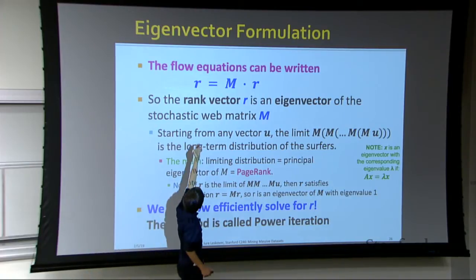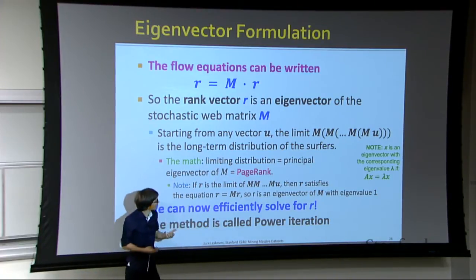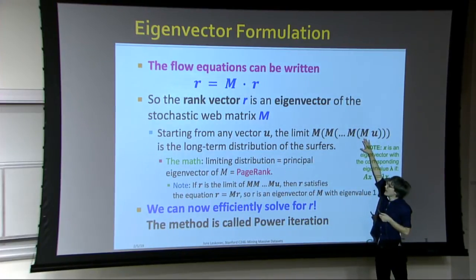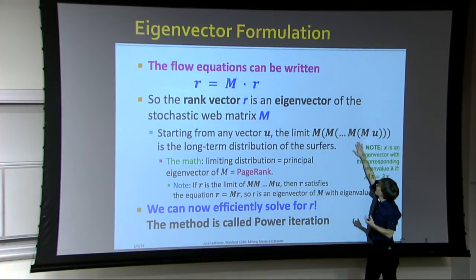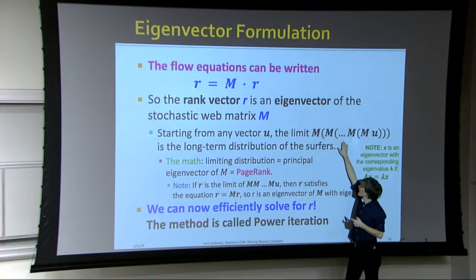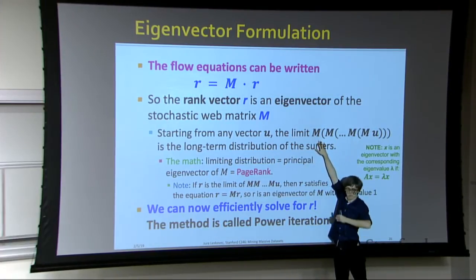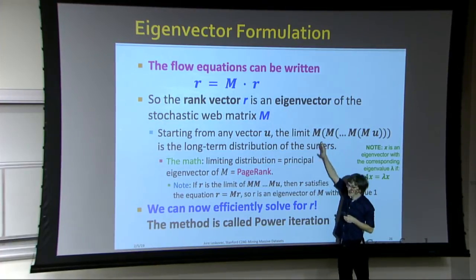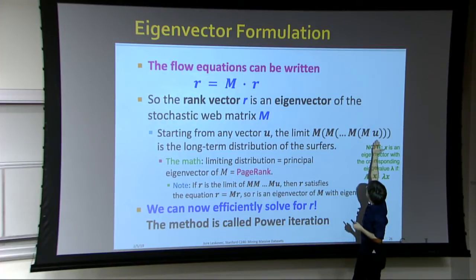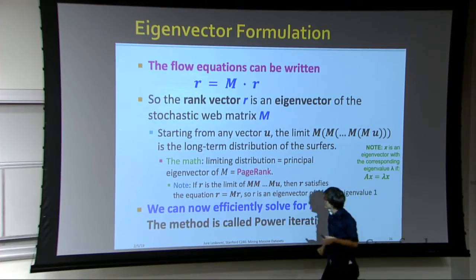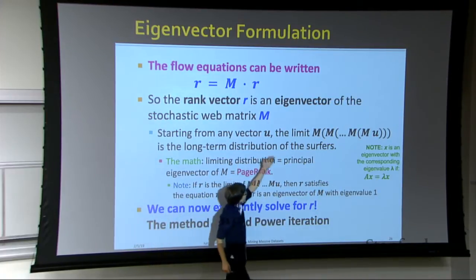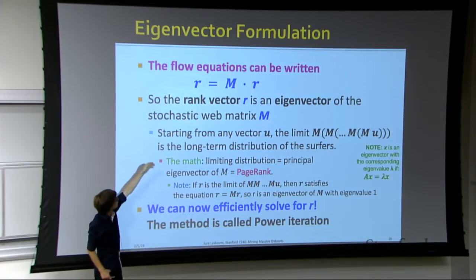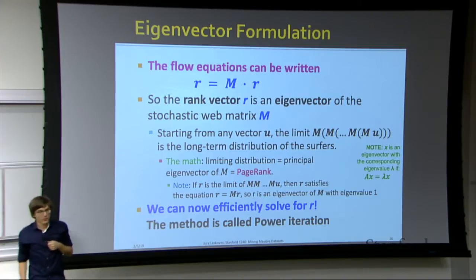I could start with some vector u, multiply it with M to get my new vector u, multiply it with M again to get the new vector, and keep multiplying for a very, very long time. If I ask what the limiting vector of this thing would be, it would converge to the eigenvector with eigenvalue 1.